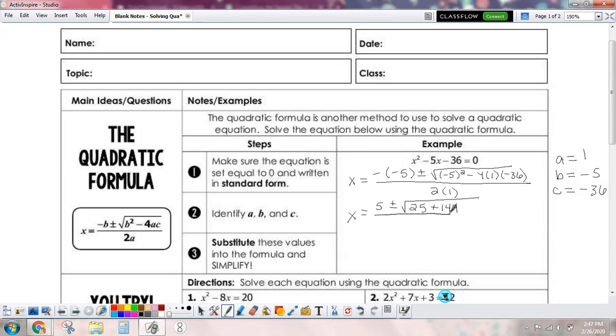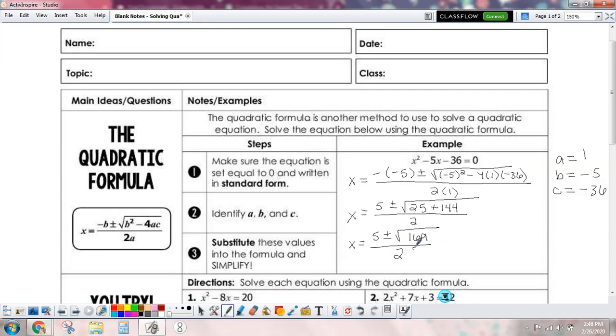And then this divided by 2. Now 25 plus 144 is 169. So all I did was I did the negative 5 squared to get 25. Negative 4 times 1 times negative 36 is 144. 25 plus 144 is 169.